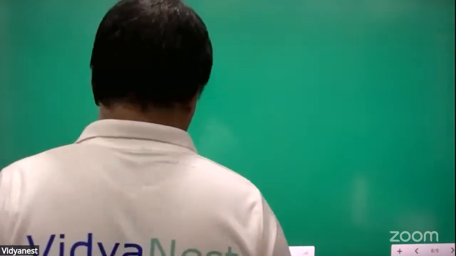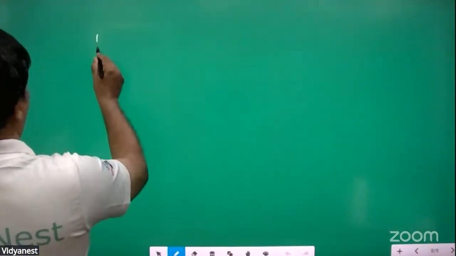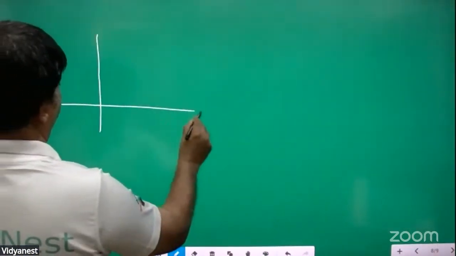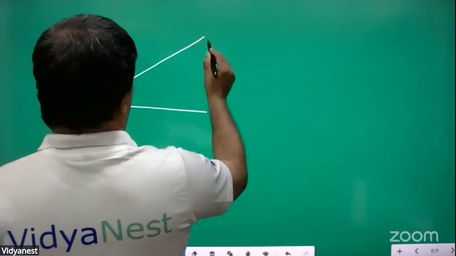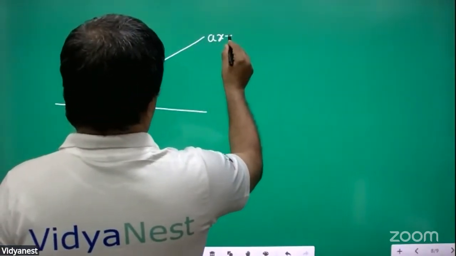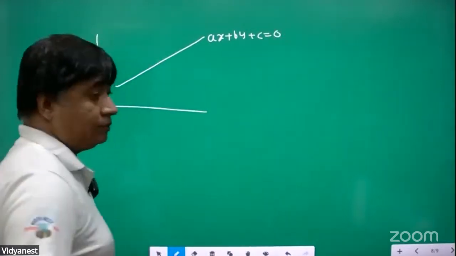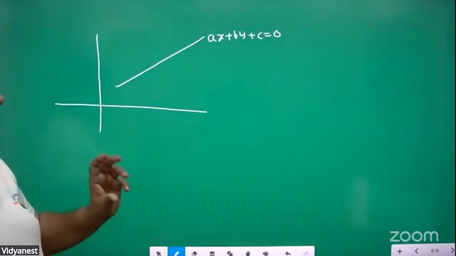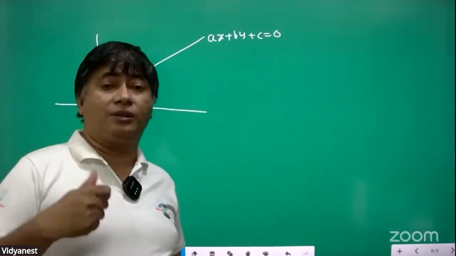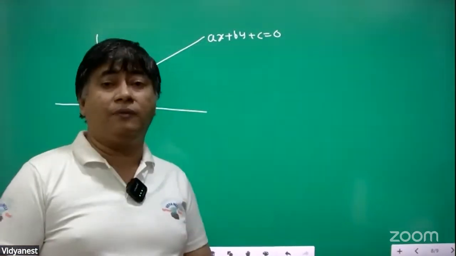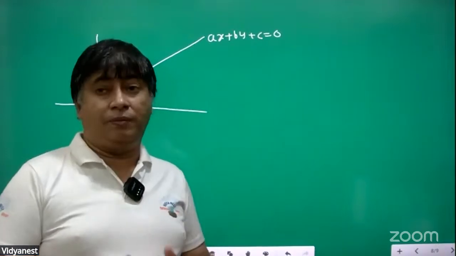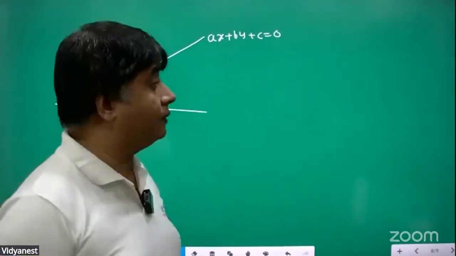Now, suppose there is a straight line ax plus by plus c is equal to 0. This concept that I am going to discuss right now is very important for JEE type, conceptual questions.